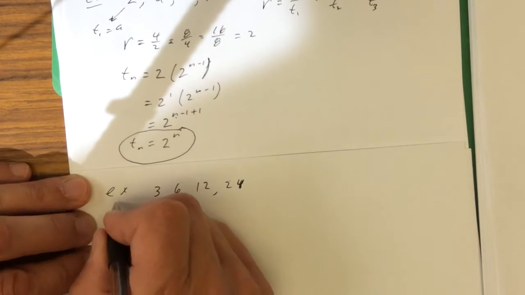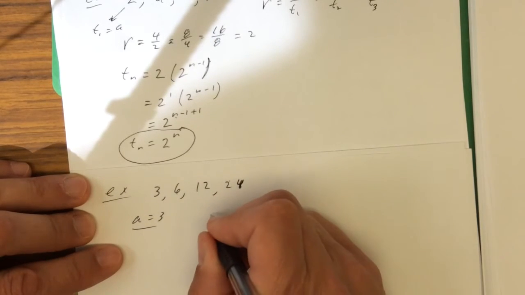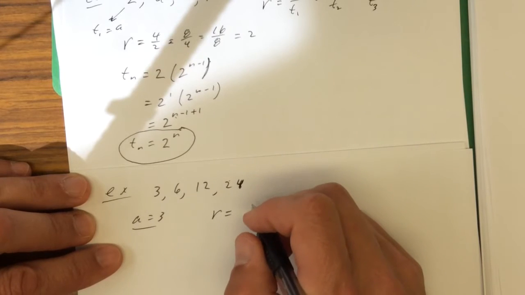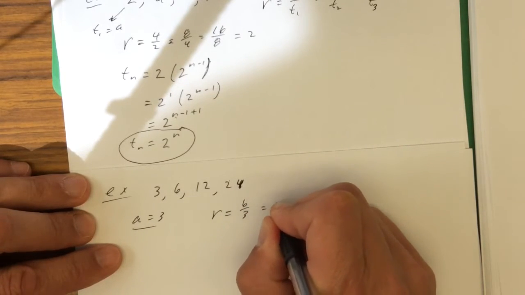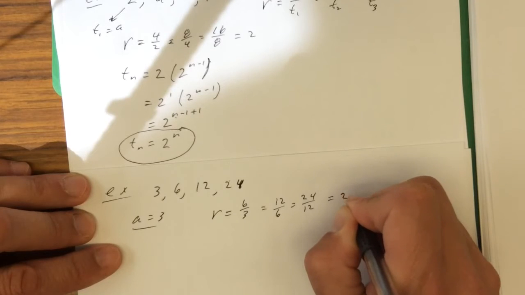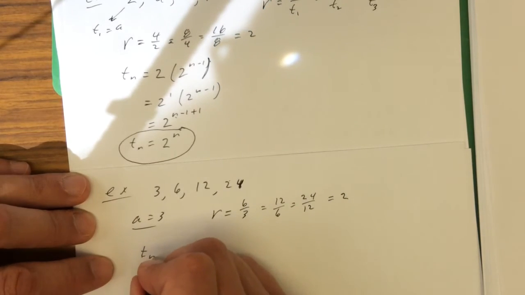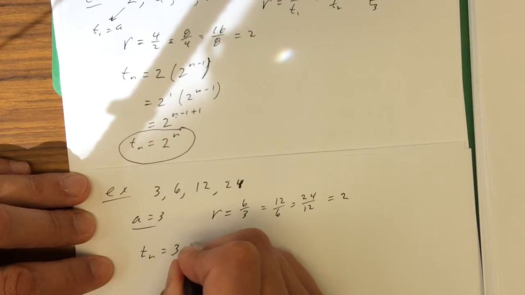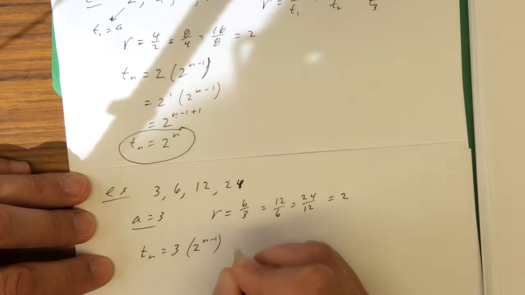Well, on this one, A equals 3, and R equals 6 over 3, which should equal 12 over 6, which should equal 24 over 12, and that all equals 2 again. So our formula for this geometric sequence is Tn equals 3 times 2 to the n minus 1.